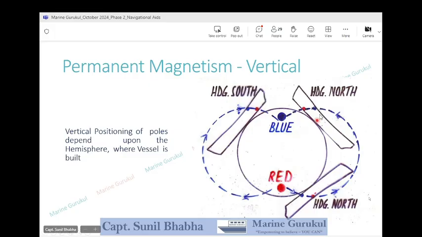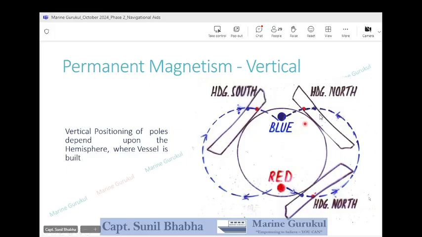So they were entering from the deck, giving it a blue polarity, and they are coming out from the keel, giving it a red polarity. So if the ship is built anywhere in the northern hemisphere, it will have a blue polarity deck and a red polarity keel of the ship.